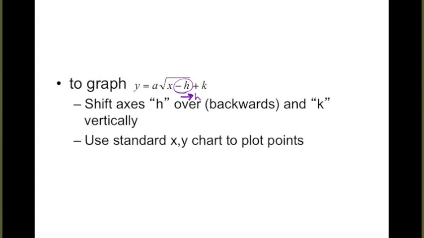Okay, so we talked about how with the x is going to go side to side, like the x-axis is our side to side, but it's actually going to go in the opposite direction of what is indicated by the sign. And then whatever's on the outside is going to be our up or down shift, and it does what it looks like it's supposed to do. So a plus k is going to move us up k. That'll create our endpoint, and then from there, we're going to use our xy chart to plot some more points.